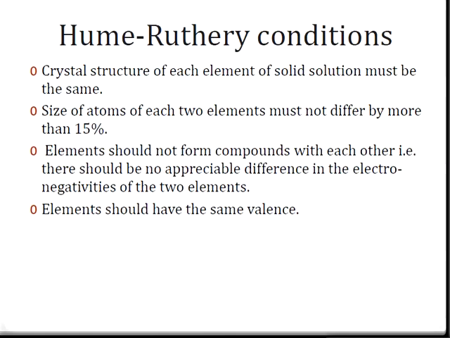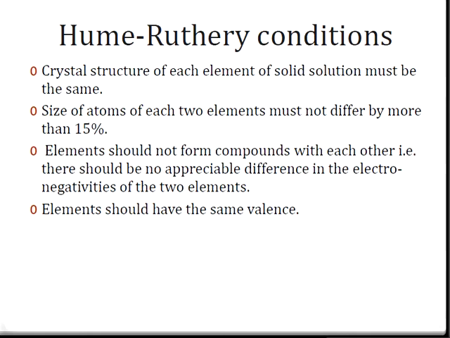The extent of solid solubility in a two component system can be predicted based on the Hume-Rothery conditions, and if the system obeys these conditions, then there can be complete solid solubility. These are the conditions. The first one: the crystal structure of each element of the solid solution must be the same. For example, both components have to be of cubic structure.